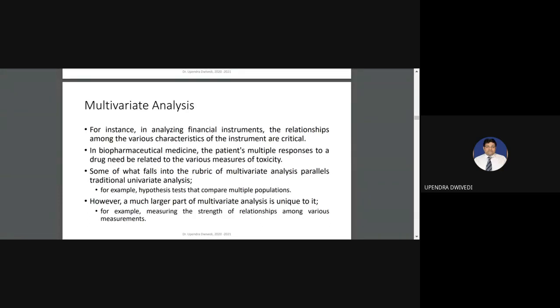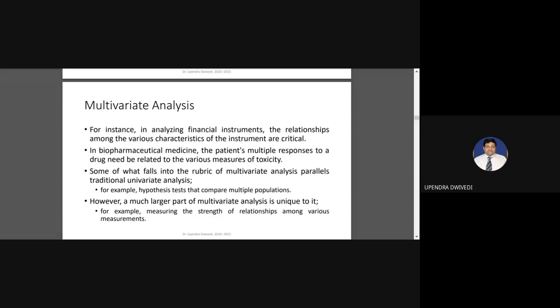If you talk about biopharmaceutical medicines, then you can find that multiple responses of patients to a drug need to be related to the various measures of toxicity. It is not necessary that a particular drug treating a cancer patient will have the same effect on all cancer patients with similar symptoms.